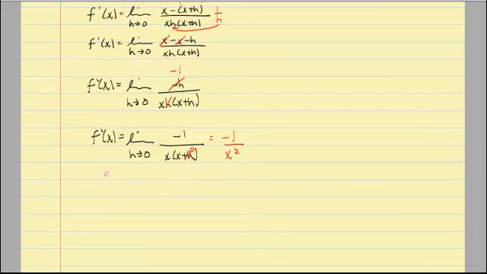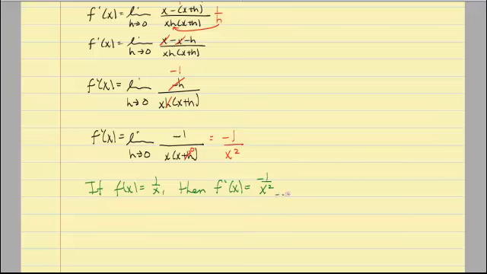If our original function was f of x equals 1 over x, then what I have figured out is f prime of x is equal to negative 1 over x squared. So my derivative is negative 1 over x squared.